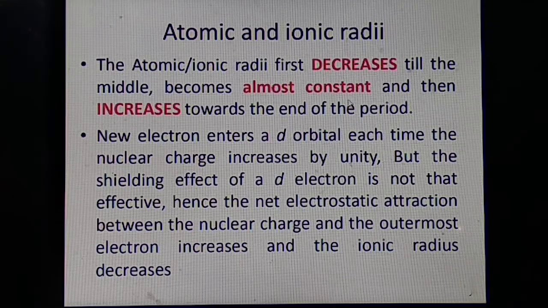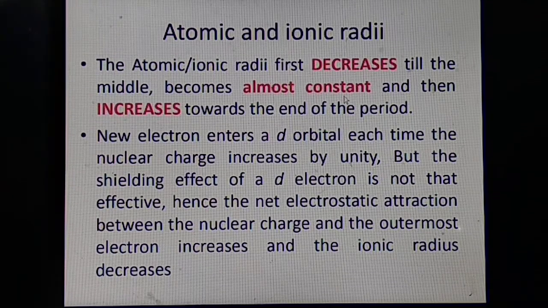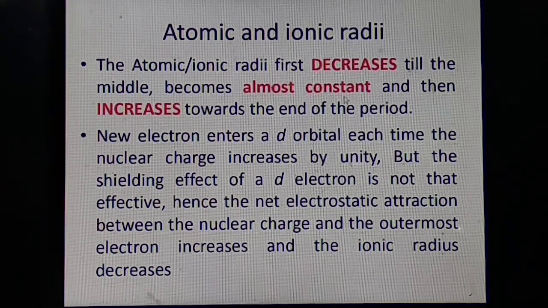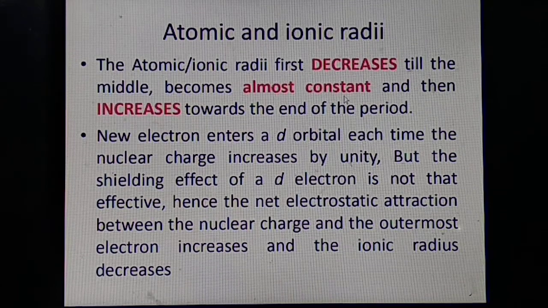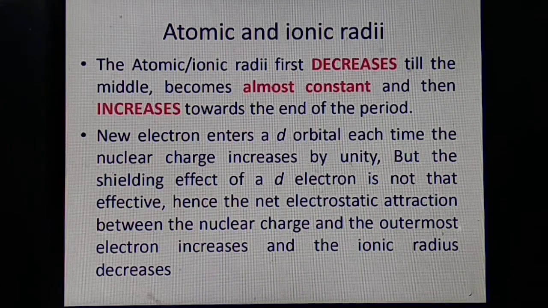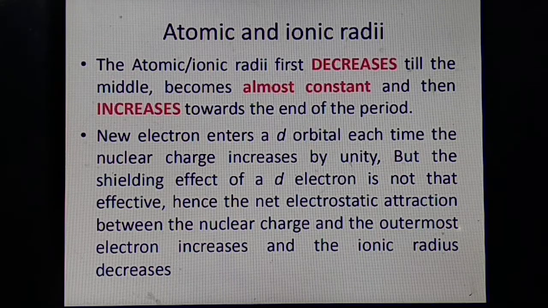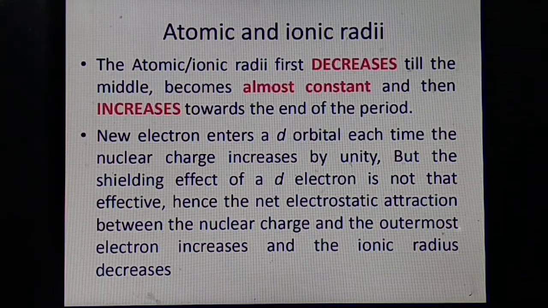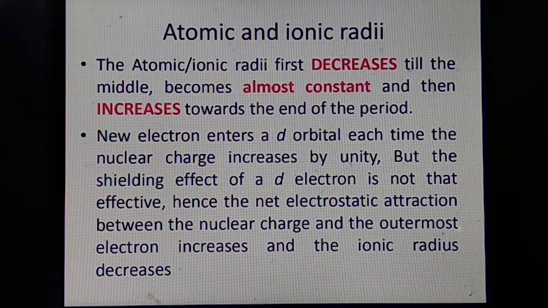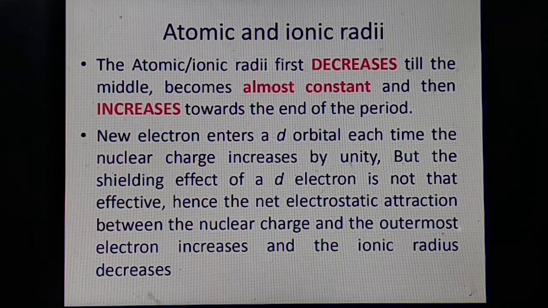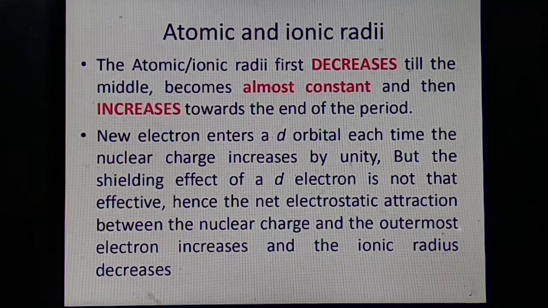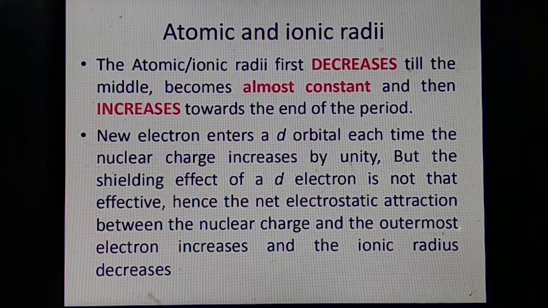So, we have to learn regarding the atomic and ionic radii. First, they decrease till the middle, then become almost constant, and then increase towards the end of the period.